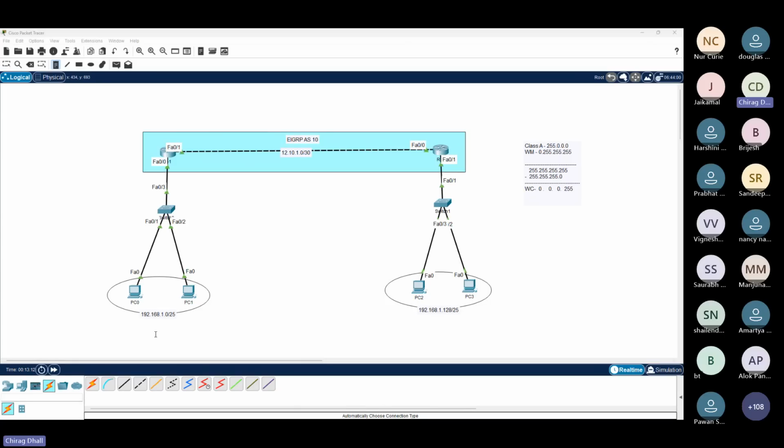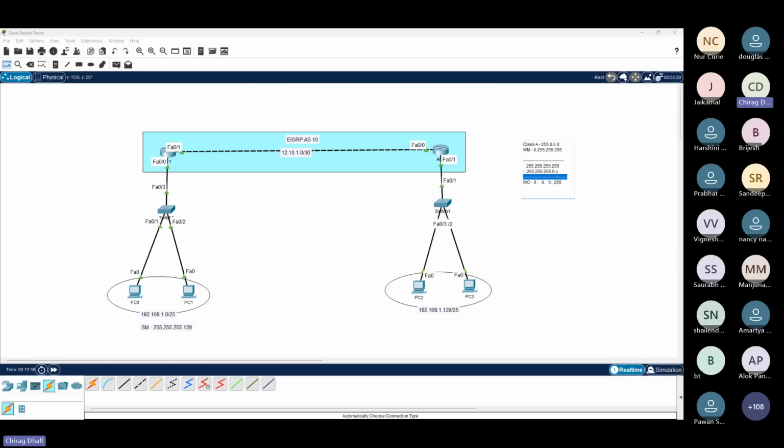Similarly, for this network here, the subnet mask is 255.255.255.128. That's my subnet mask. So what will be the wildcard mask? Let's subtract this from 255.255.255.255.